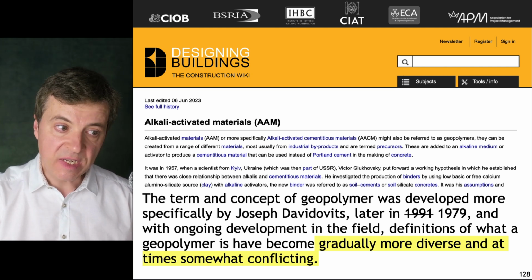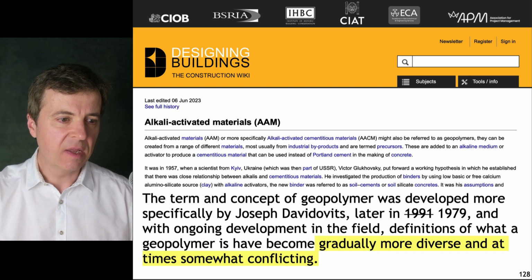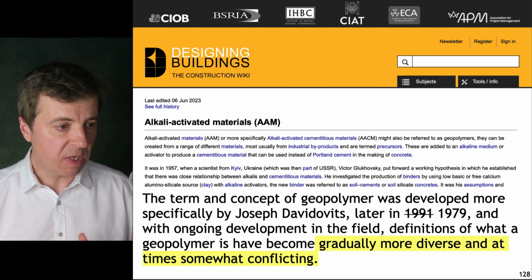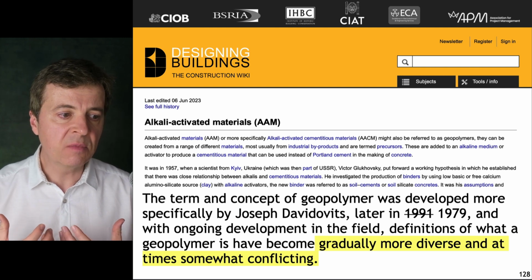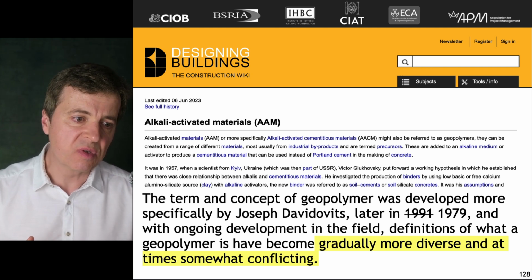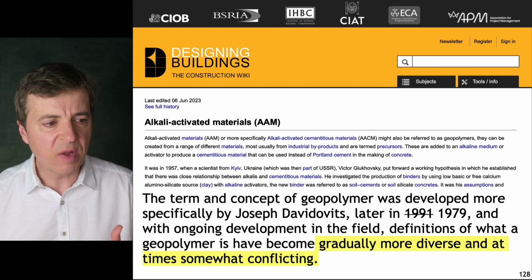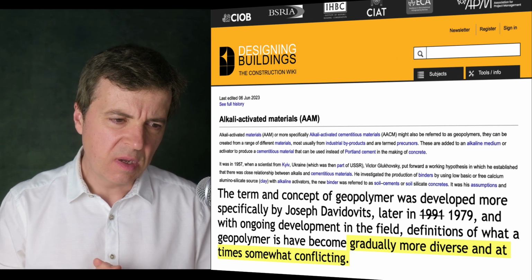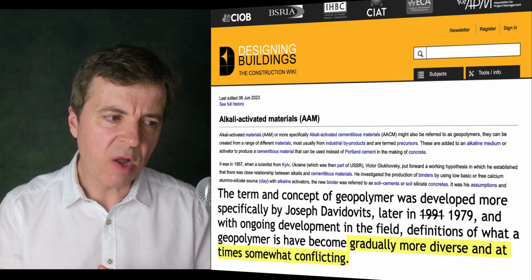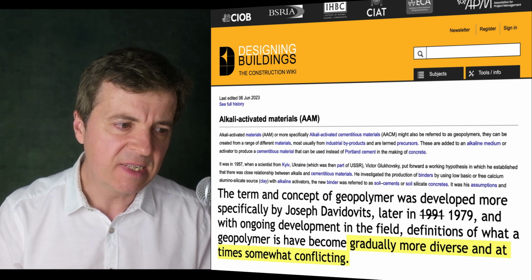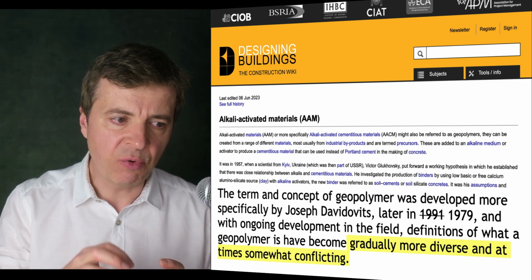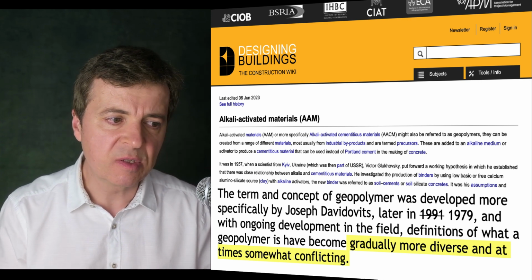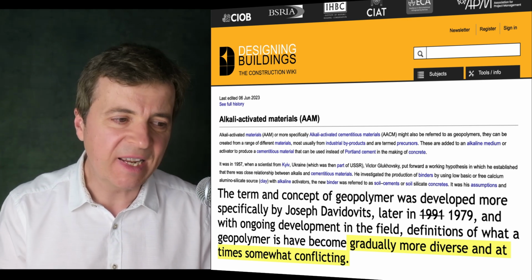And with ongoing development in the field, definitions of what a geopolymer is have become gradually more diverse and at times somewhat conflicting.